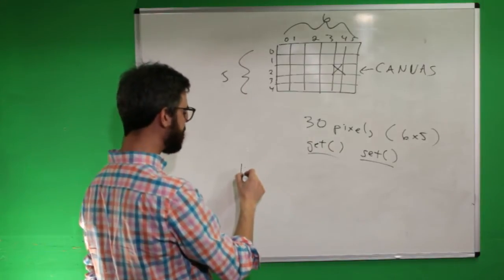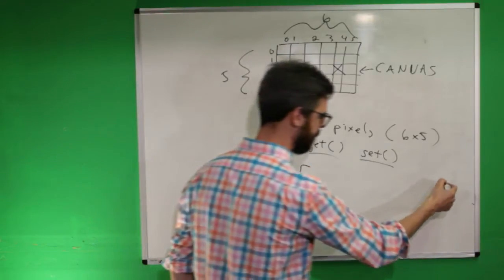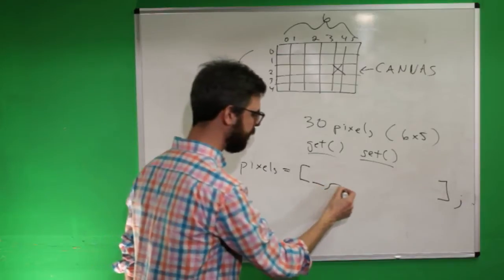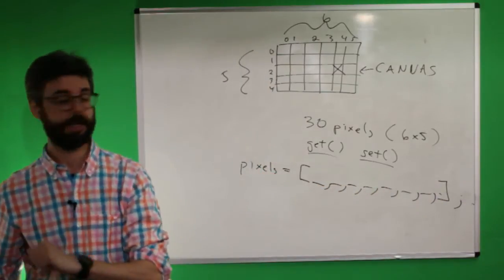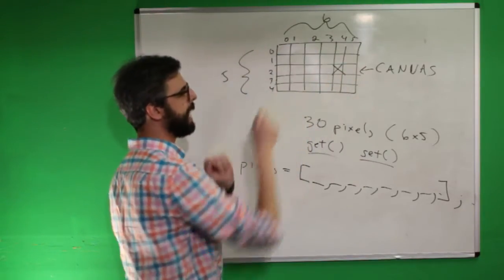What I'm referring to is something called the pixels array. Behind the scenes in P5, there's a very long array with lots of numbers in it. Those numbers correspond to all of the colors in this canvas.